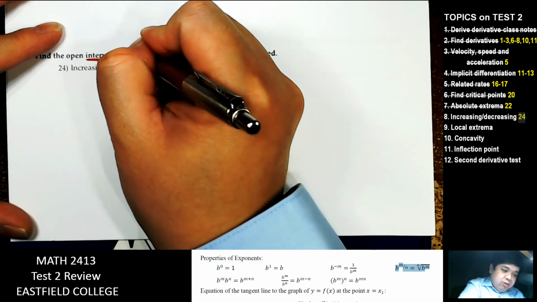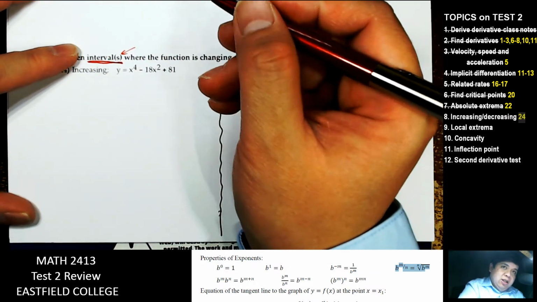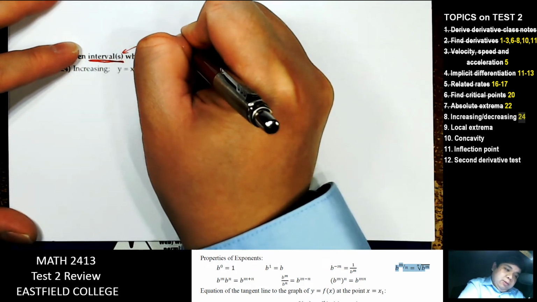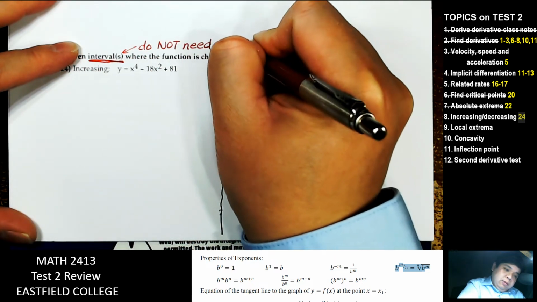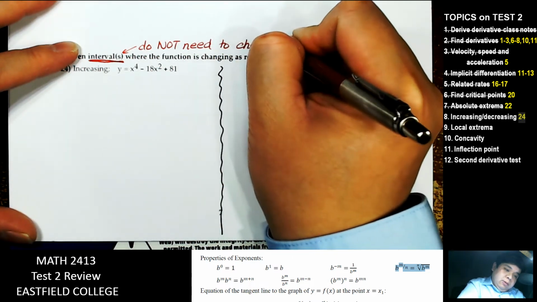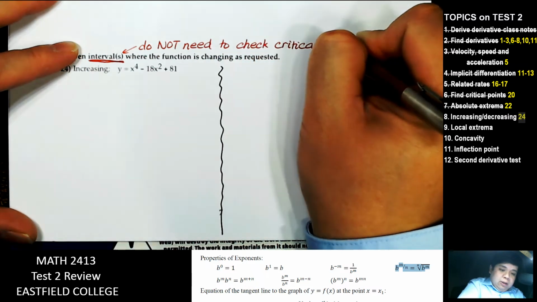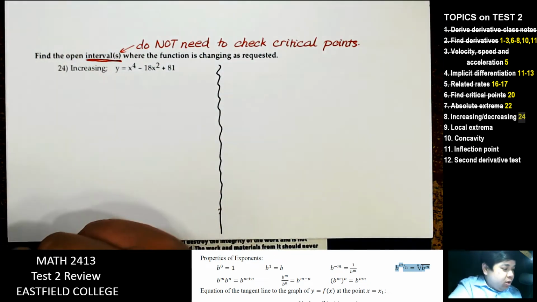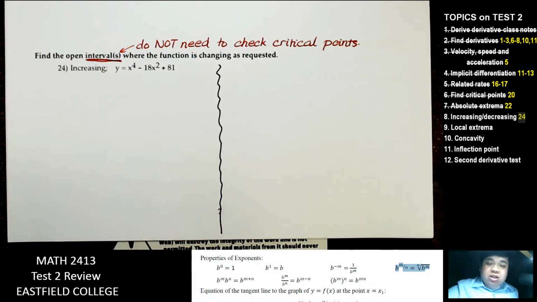If the question asks for the interval, we do not need to check the critical point. Critical points, as it says, are points, so we would need to check with the original function to make sure it is defined, but that is not what we do here.